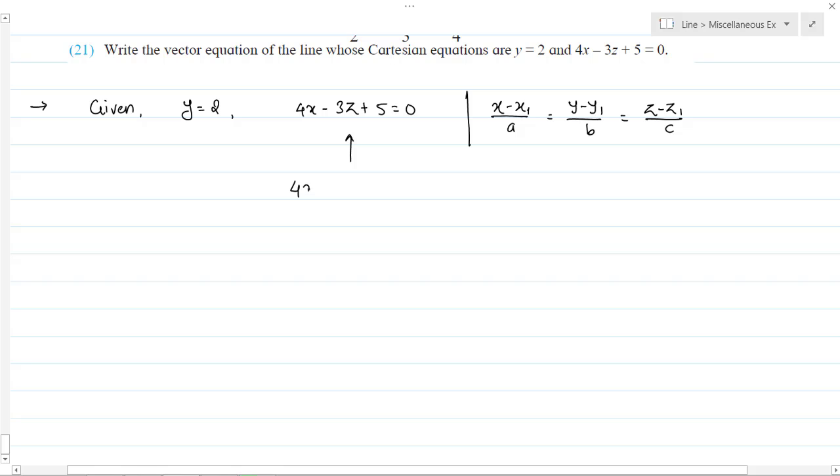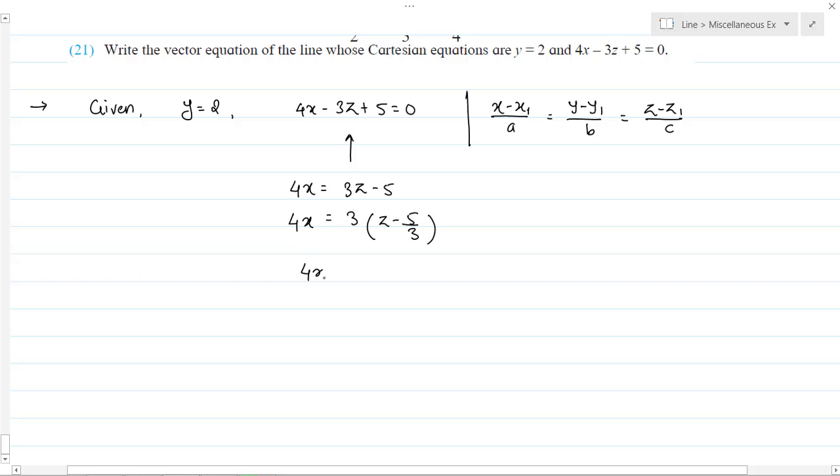So you will get 4x is equal to 3z minus 5. Now let's take 3 common, so you will have 3 in brackets (z minus 5 by 3), which is equal to 4x. Now let's divide the whole equation, left hand side and right hand side, by 12, because the LCM is 12.